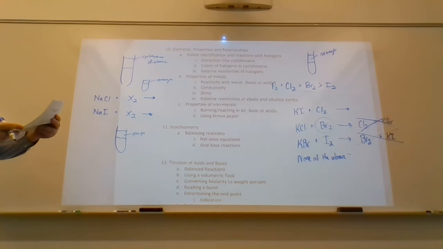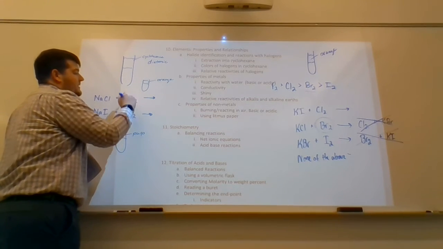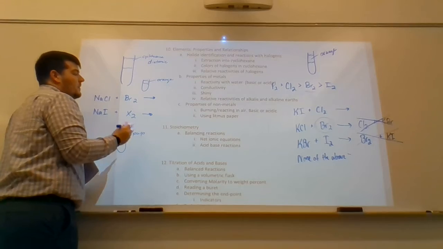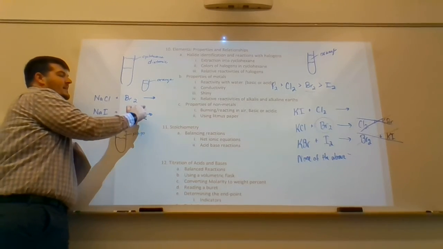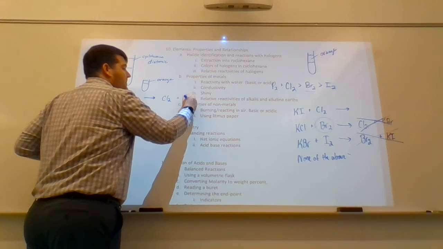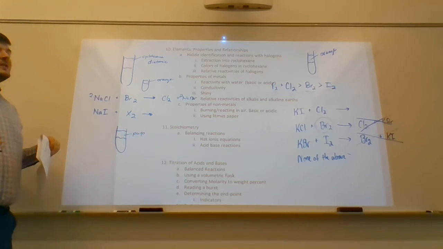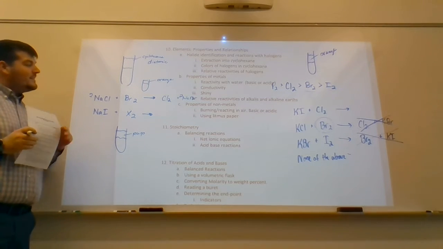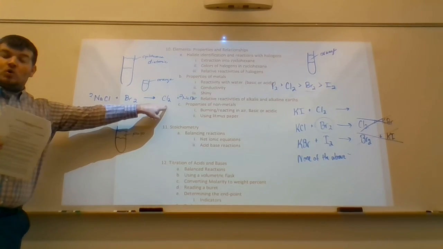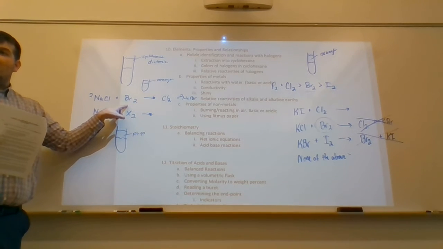And then it says write a balanced equation for each reaction that occurred. Well, in this case, if we were to consider this, then over here we'd have Cl2 plus NaBr. We can balance it, right? But the problem here is, according to our trend, is chlorine stronger or bromine stronger?